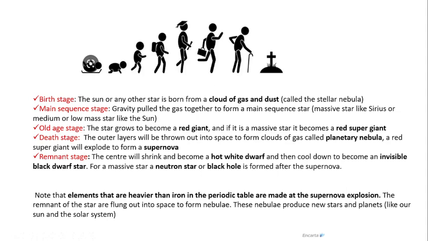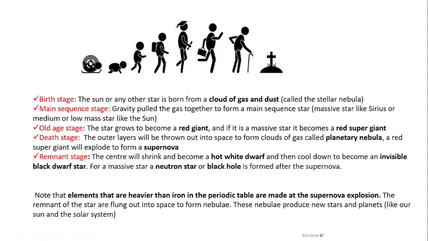Now, the remnant stage. At the remnant stage, the center will shrink and become a white dwarf and then cool off to become an invisible black dwarf. For a massive star, either a neutron star, filled with neutrons, or a black hole will be formed after the supernova.